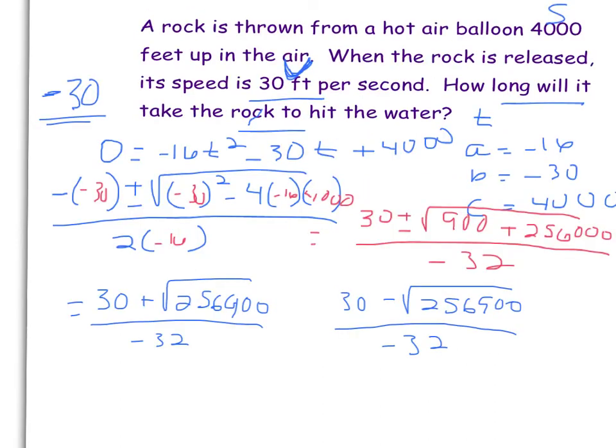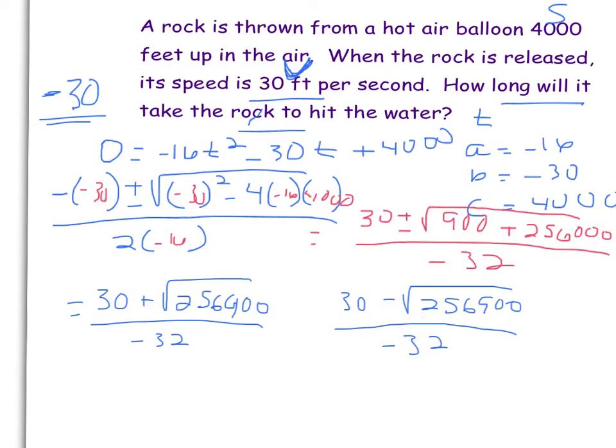All right, this is what I have so far. I plugged in my B, my A, and my C. I simplified, and then I had these two expressions, 30 plus the square root of 256,900 over negative 32, and 30 minus the square root of 256,900 divided by negative 32.